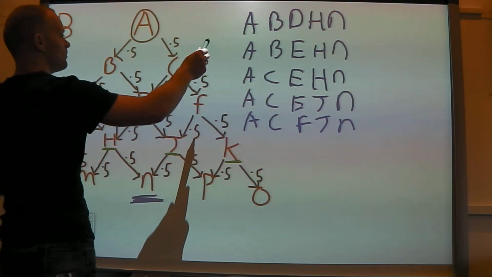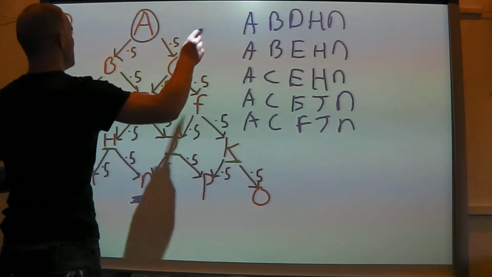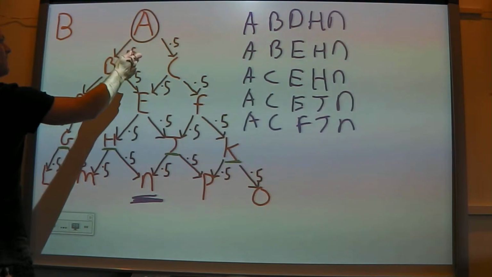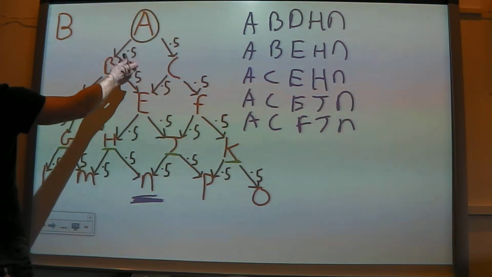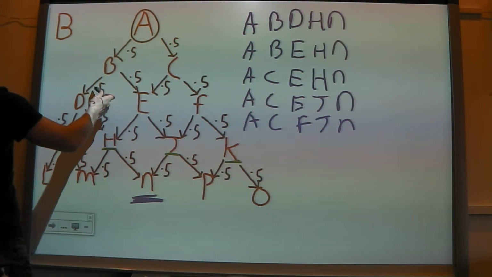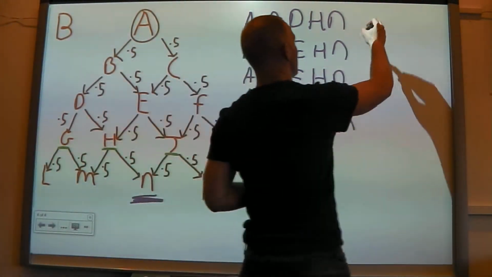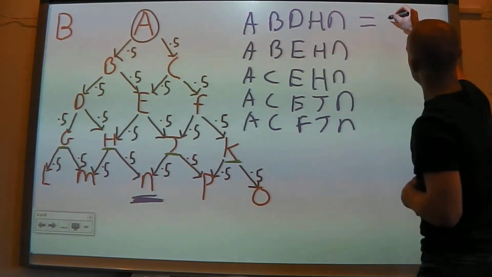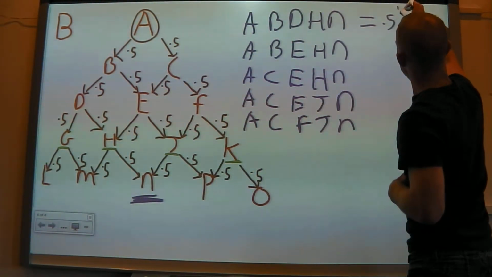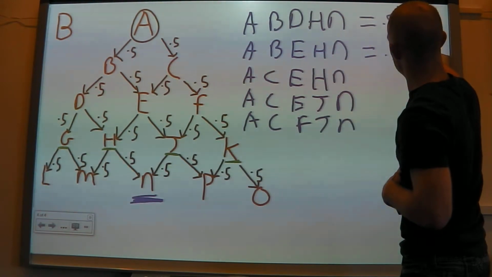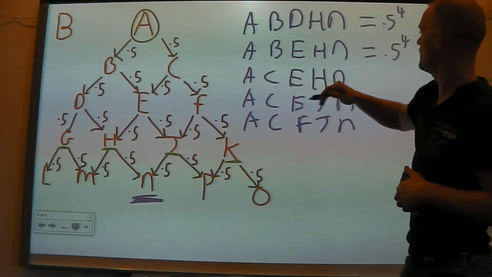So, really what we have here is A, B, G, H, N. From A to B, the chance of going to B is 0.5. So it's 0.5 times the D is 0.5, times the H is 0.5, times N is 0.5. So that's 0.5 to the power of 4, because it's 0.5 each time.